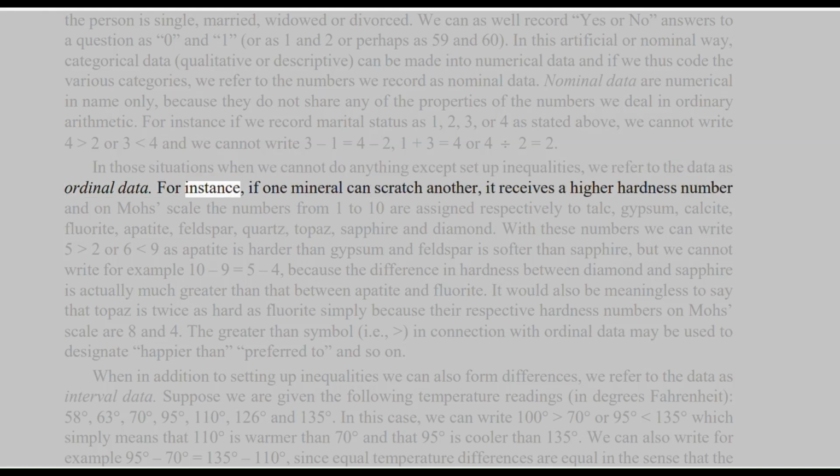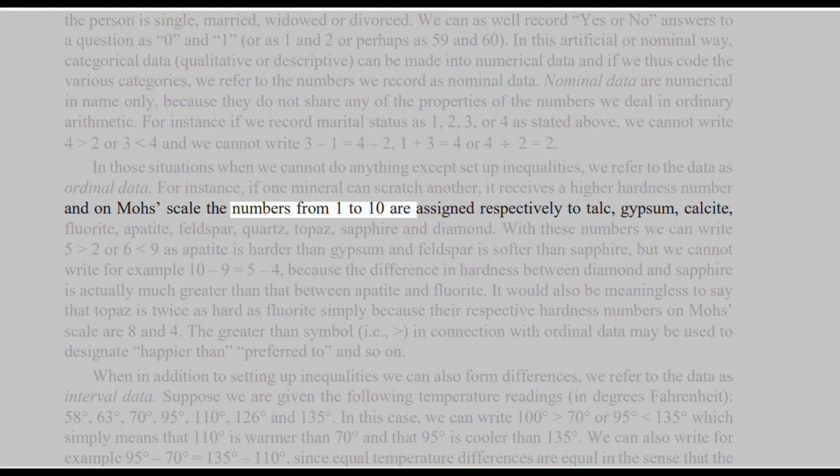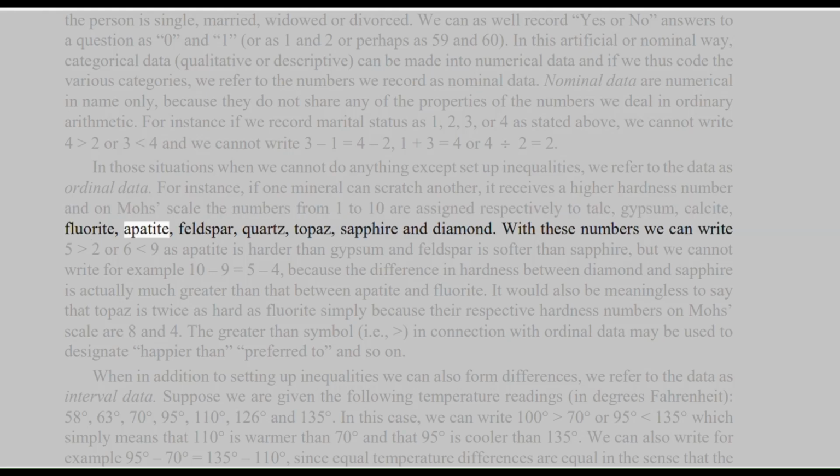For instance, if one mineral can scratch another, it receives a higher hardness number, and on Mohs scale the numbers from 1 to 10 are assigned respectively to talc, gypsum, calcite, fluorite, apatite, feldspar, quartz, topaz, sapphire and diamond.